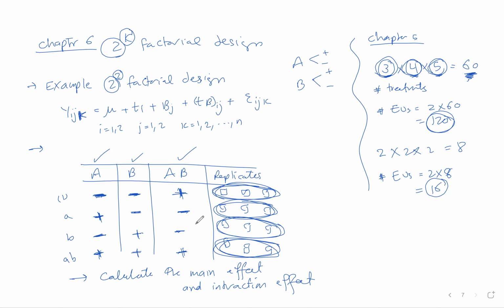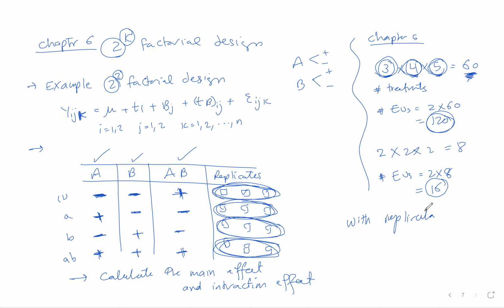And this case is the replicated design. In this case, we have replication. With replication, this is similar to chapter 5. The only difference is I have only 2 levels for each treatment factor, and the estimation of the main effect and interaction effect is very simple.